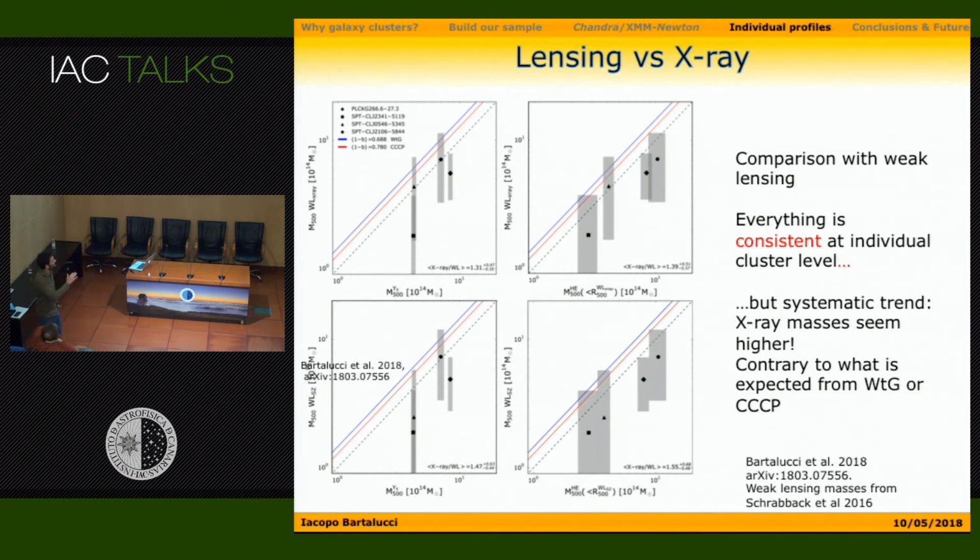But it's predicted to be the other way around. And one thing that we did to try to match the weak lensing masses with our X-ray masses is that we computed all the X-ray masses that you see here at the same area as the weak lensing, so trying to minimize all the possible systematics.